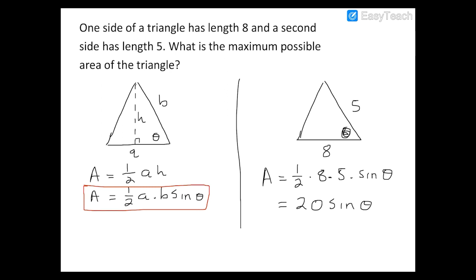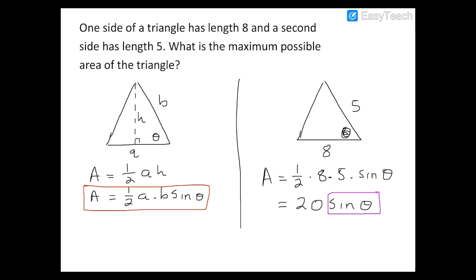Now, the maximum area of this triangle is determined by sine theta, because 20 is fixed, it cannot change. Now what is the highest possible value for sine theta? The highest possible value for sine theta is 1.